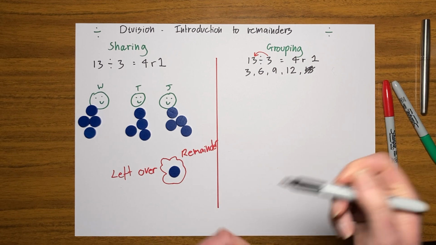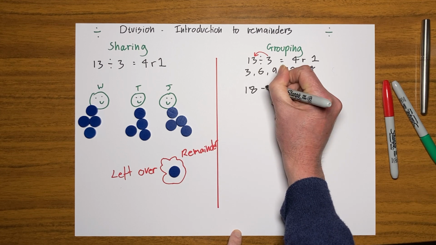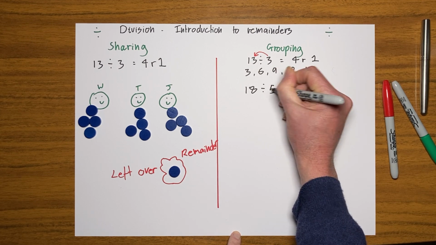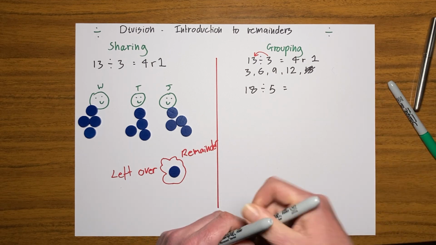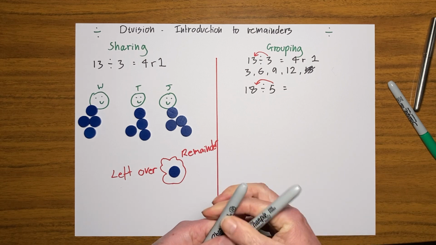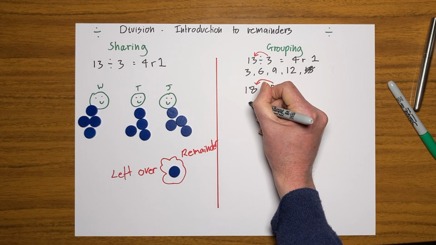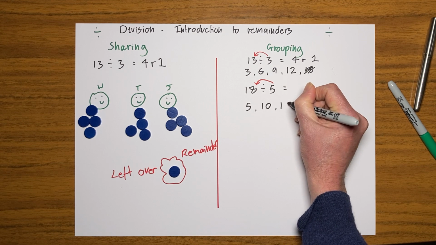Let's do some more examples. Let's go for 18 divided by 5. So I'm saying, how many 5s are there in 18? Here we go. So let's count up in 5s and see how we get on. 5, 10, 15.